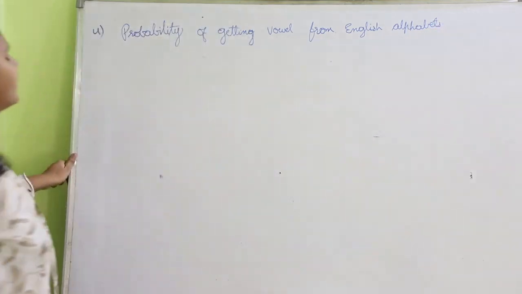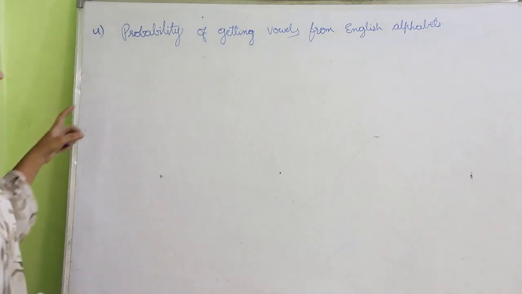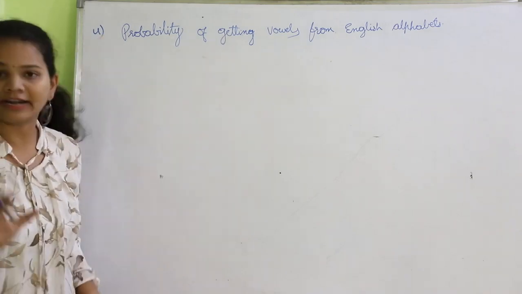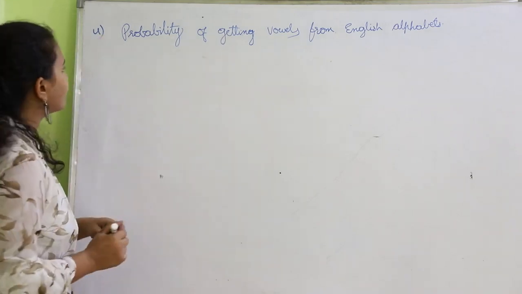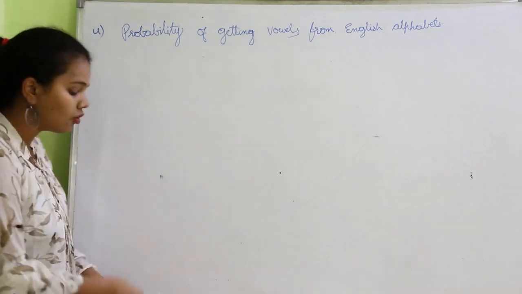We know the English alphabet has 26 letters, right? And the vowels are only 5: A, E, I, O, U.